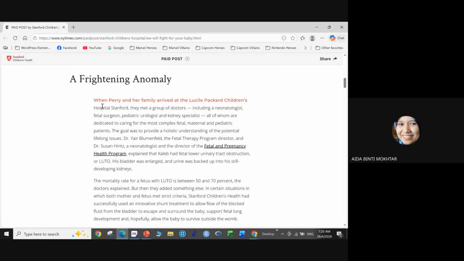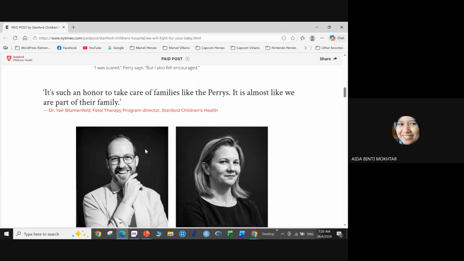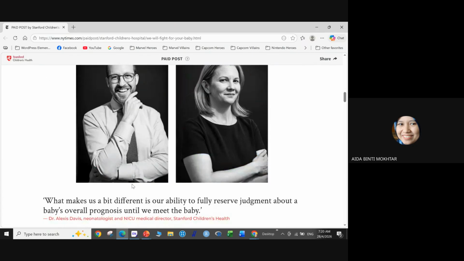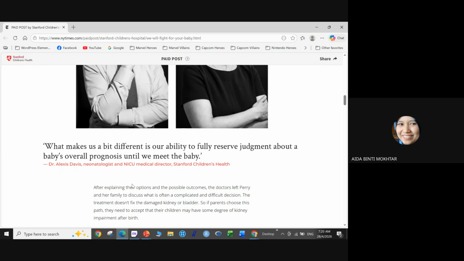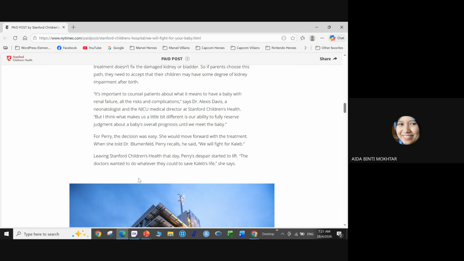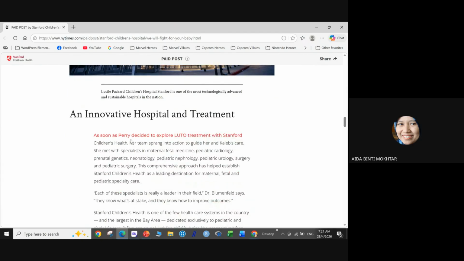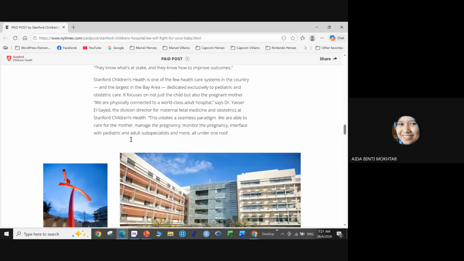And then you can see that there are highlights and hyperlinks and subheadings, and there are pictures and quotes. It's a very attractive format that it uses. There's a lot of white space, of course, and then there is the whole story of what they went through, and of course how the story ended on a positive note, right?